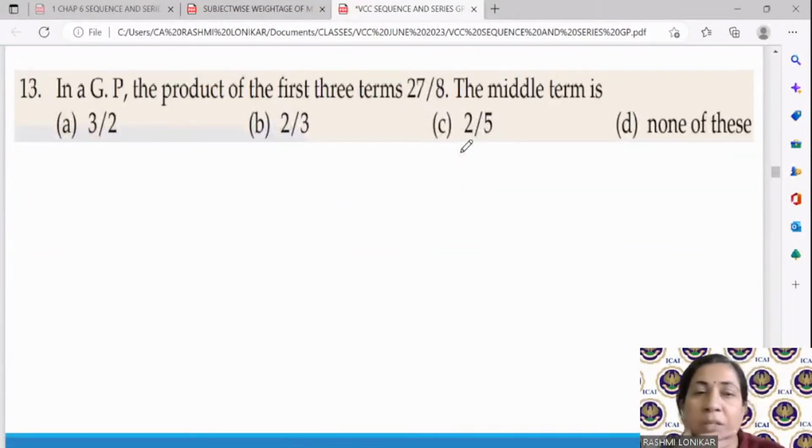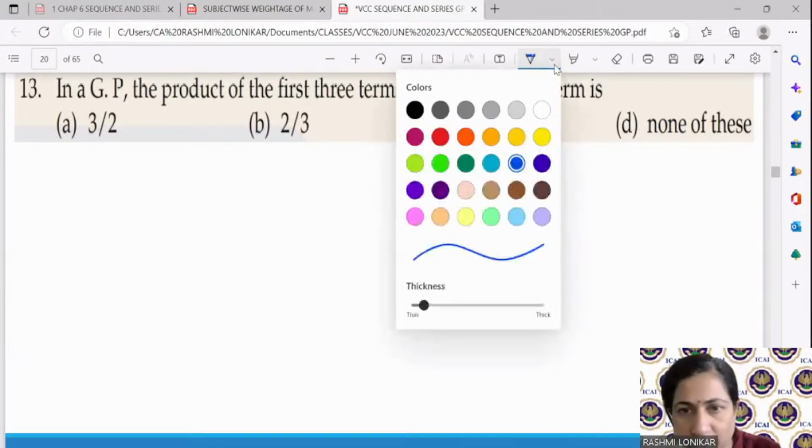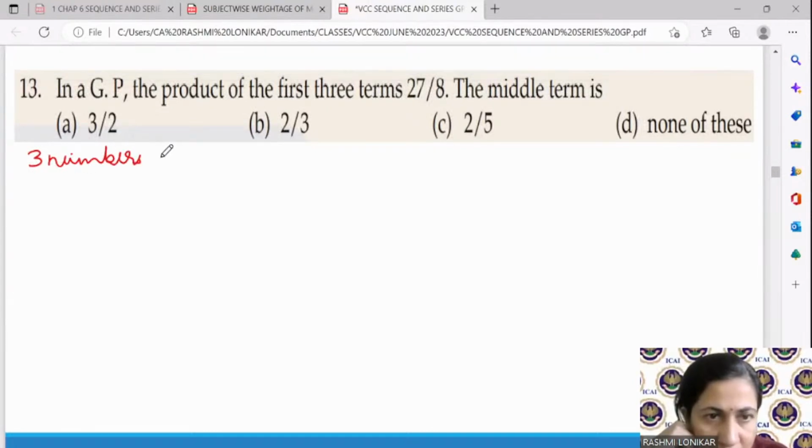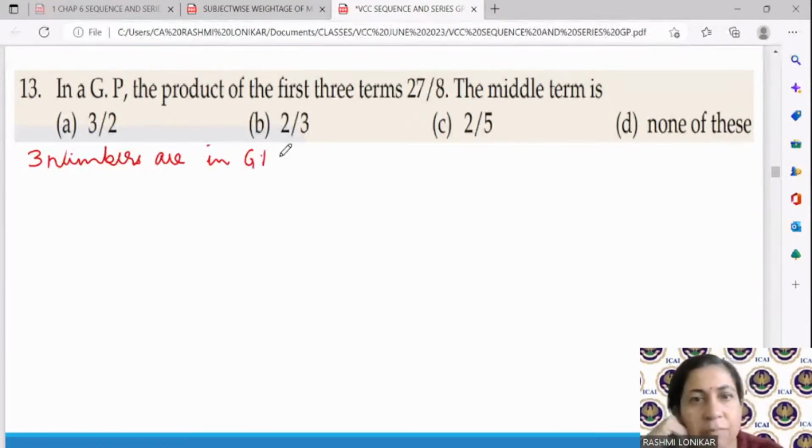Now in a GP, the product of the first three terms is 27 upon 8. The middle term is? Okay. Now we are going to use the formula, not formula as such. It is just a way to simplify things. So three numbers are in GP.